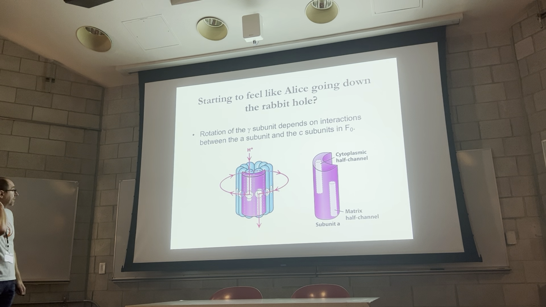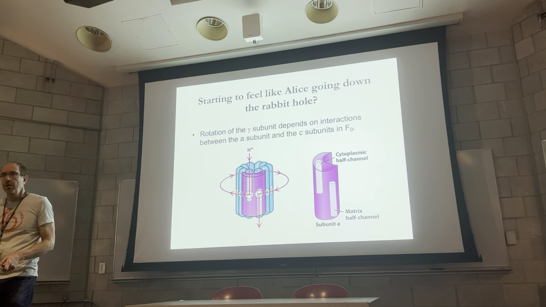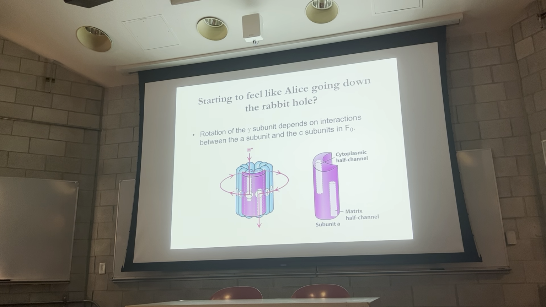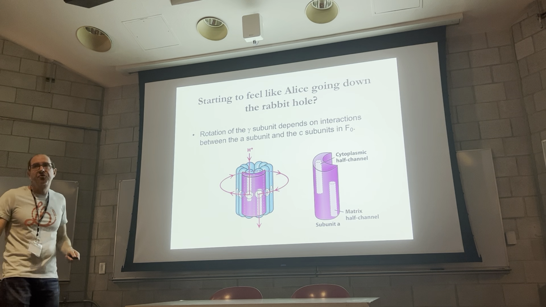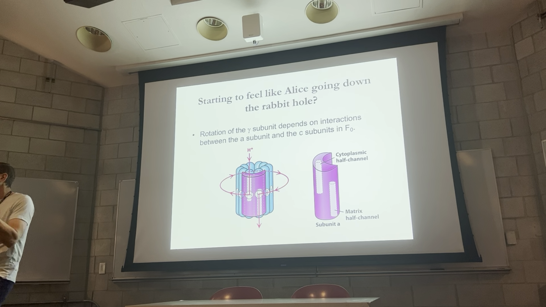The A subunit is going to have two different channels, one facing the intermembrane space, and the other facing the mitochondrial matrix. And here's what's going to happen. Protons are going to enter into the half channel facing the intermembrane region. They shouldn't say cytoplasmic, they should say intermembrane space.